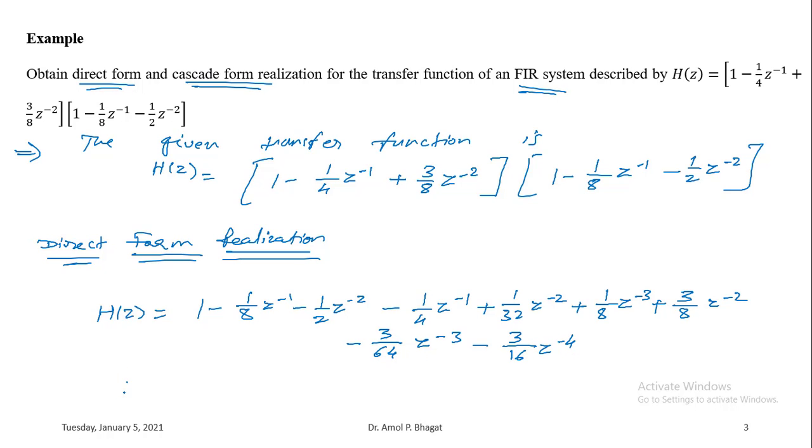Okay, so after subtraction and addition, that is minus 1 by 8 z inverse, so minus 1 by 4 z inverse is there, right? So if you add this, you will get minus 3 by 8 z inverse.